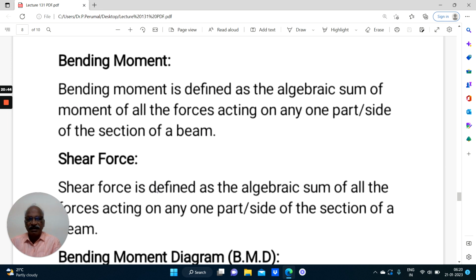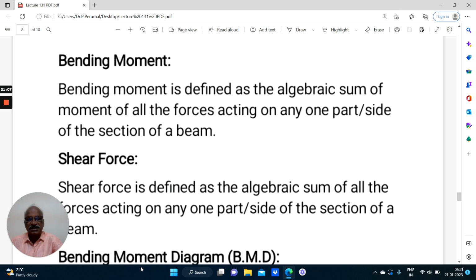Anyway, when you consider a beam loaded, suppose you want to find out the bending moment at a particular section, consider the forces either to the left of the cut section or right of the cut section and find out the moment. We know moment equals force into perpendicular distance.